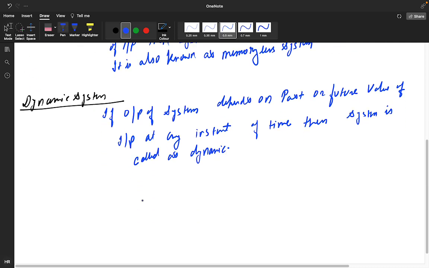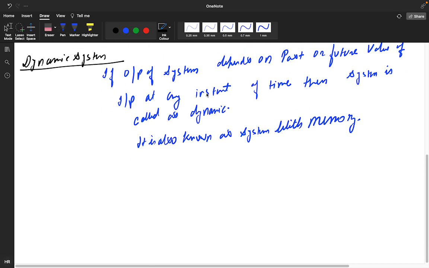It is also known as a system with memory.